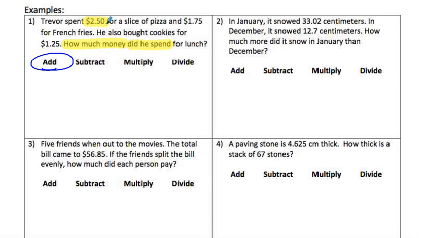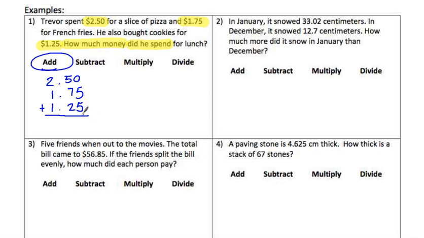So we know he spent $2.50 for pizza, $1.75 for french fries, and he bought cookies for $1.25. If I lay all those out, it would be $2.50, $1.75, and $1.25. Now for this unit, you are allowed to use a calculator. Whenever you take your SOL in the spring, you will be allowed to use a calculator for this topic.